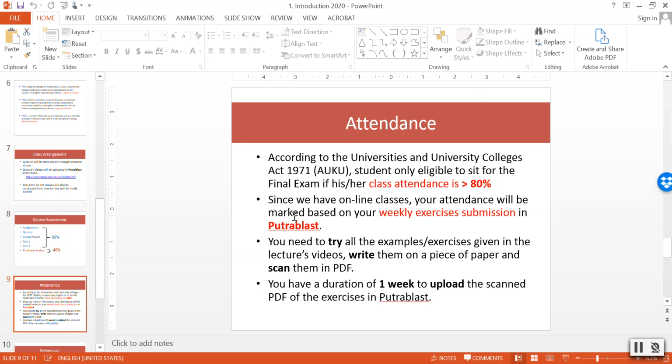And because this is an online class, the attendance will be marked based on your weekly exercise submission in Putra Blast. I don't know whether you watch my video or not, but the most important thing for me to indicate whether you attend my classes is your submission of the weekly exercises.